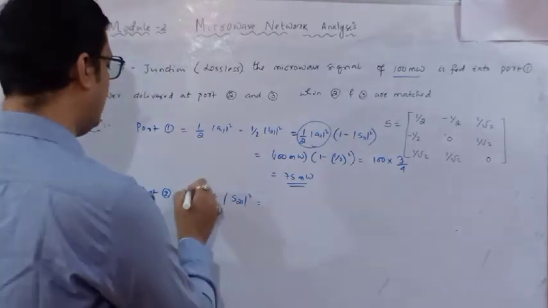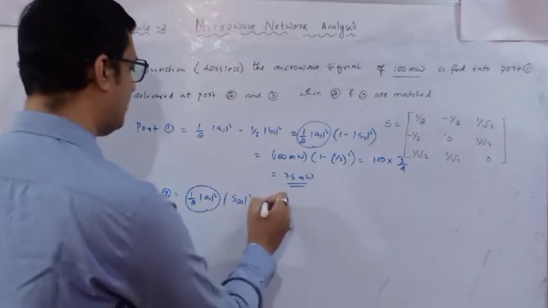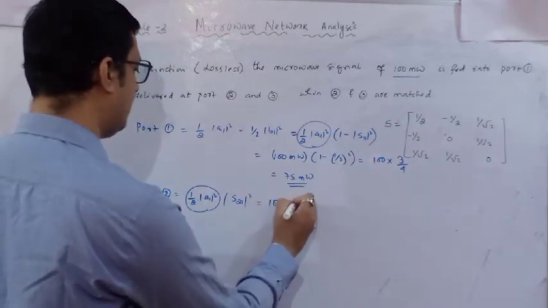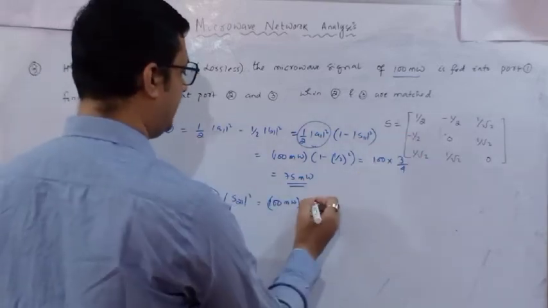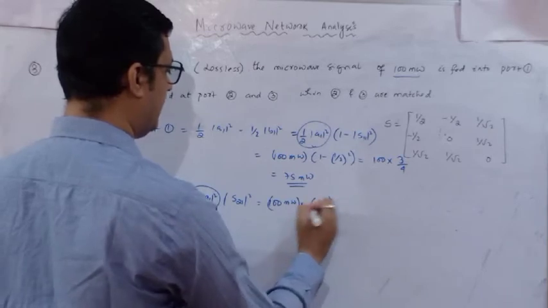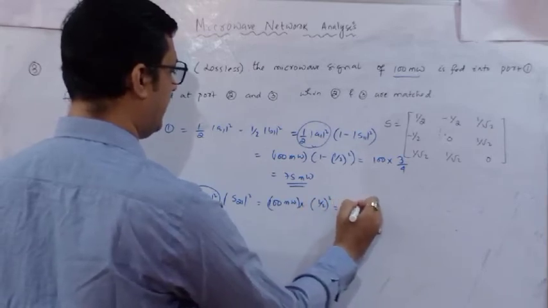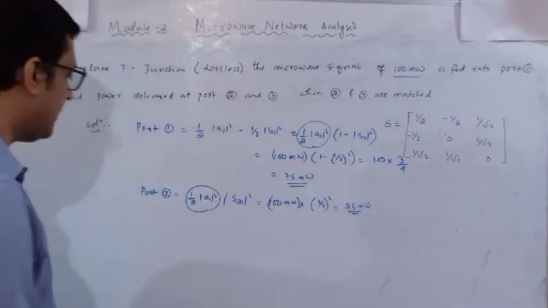This value we already know is 100 milliwatt, and S21 you can see is minus half, so it is half whole square, so it is around 25 milliwatt. So this much we are going to achieve.